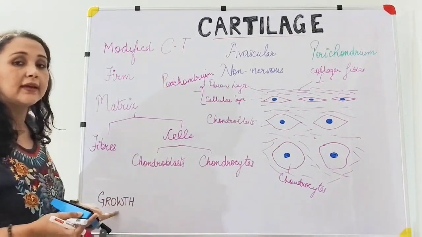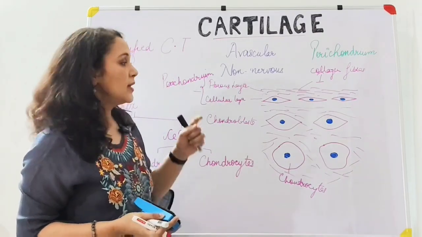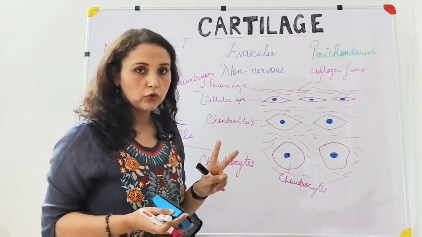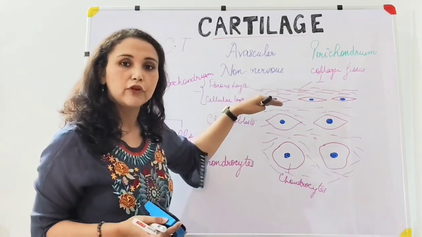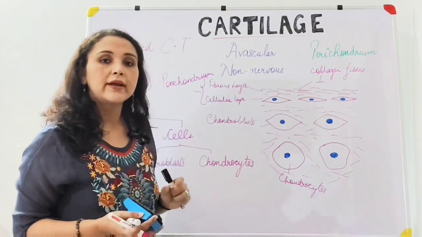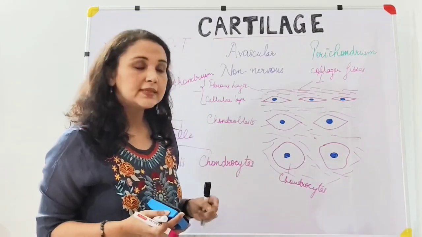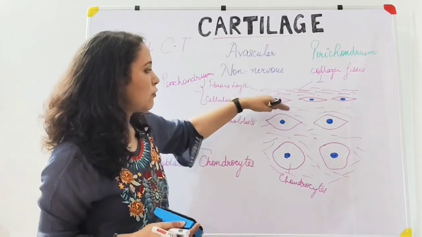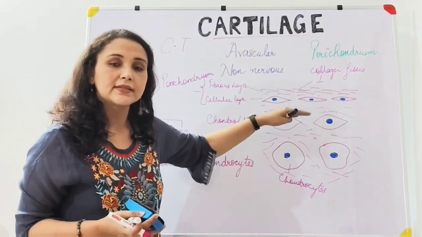Now one more thing, that is growth. How does a cartilage grow in size? It is because of two factors. One is the cartilage being laid from the surface. That kind of growth is known as appositional growth. That means more cartilage is being formed from the surface, added on the surface of the pre-existing cartilage.